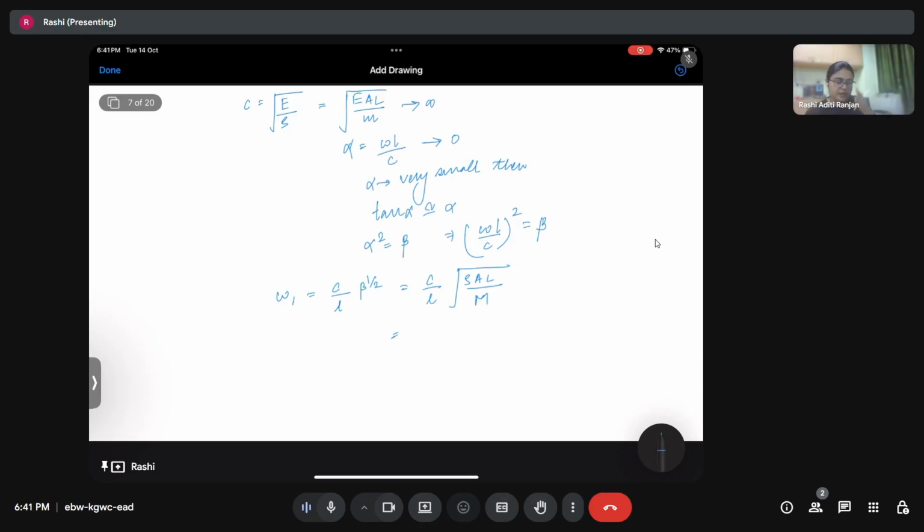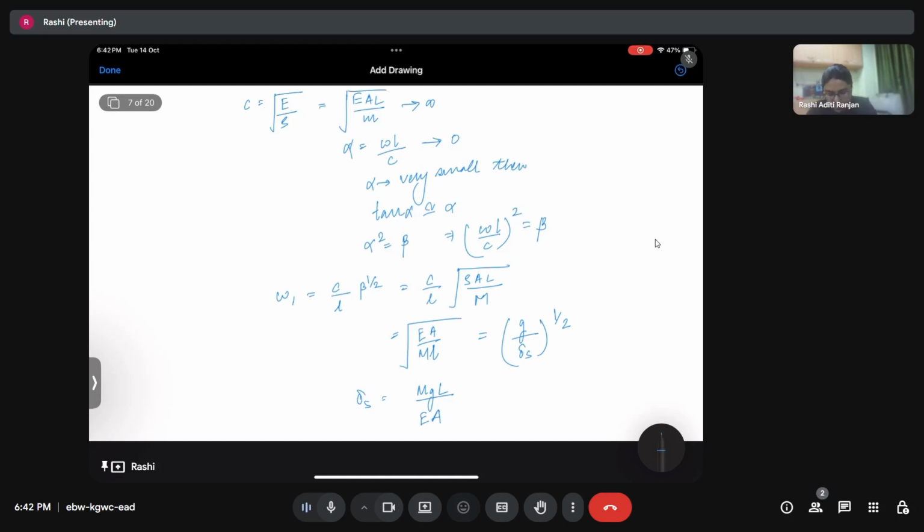If we convert C again in terms of E and rho, we are going to get it as under root of E A by capital M into L, which is going to give us g by delta S to the power 1 by 2, where delta S is nothing but M g L by E A. Do you remember what is M g L by E A?